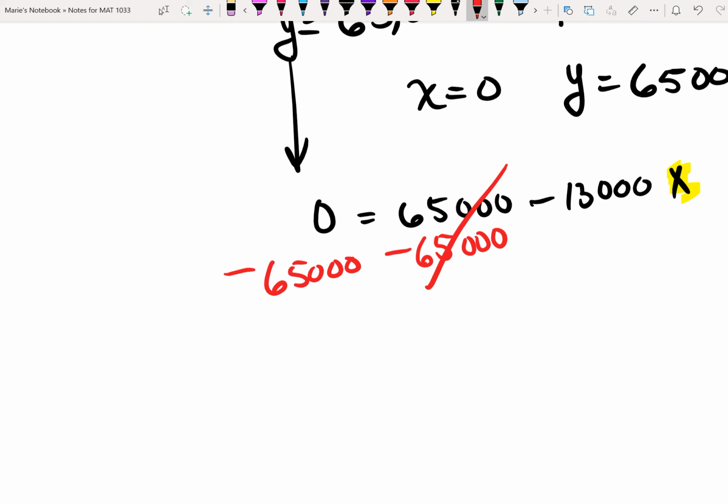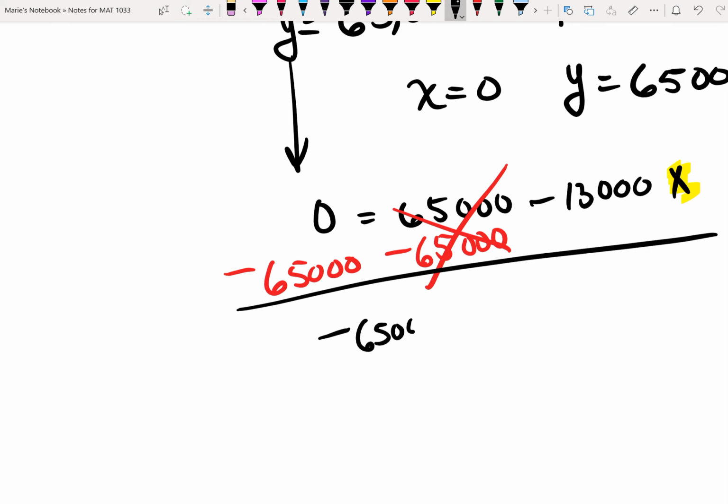What ends up happening is this will cancel on this side. And now I have a negative 65,000 on this side of the equal sign is equal to negative 13,000x. Remember, the x is what we're solving for.